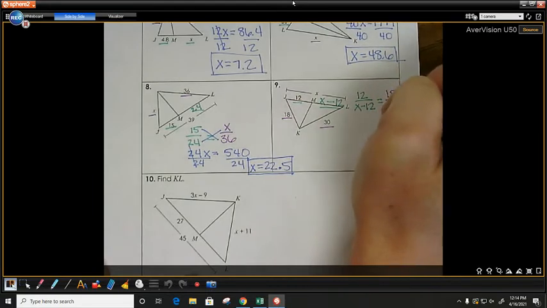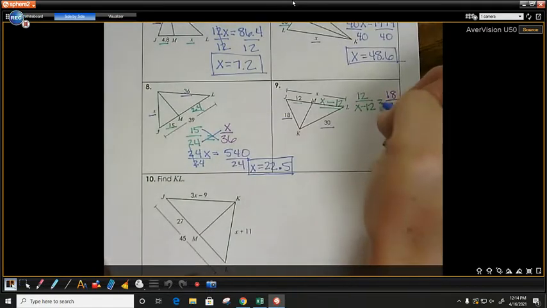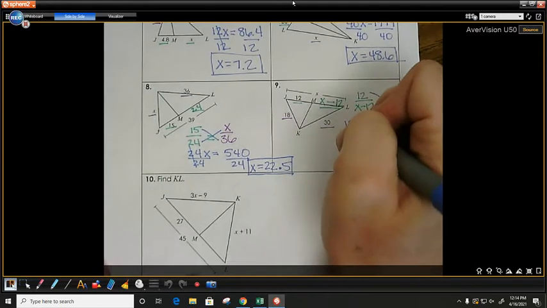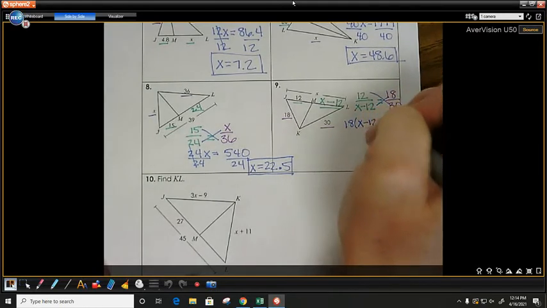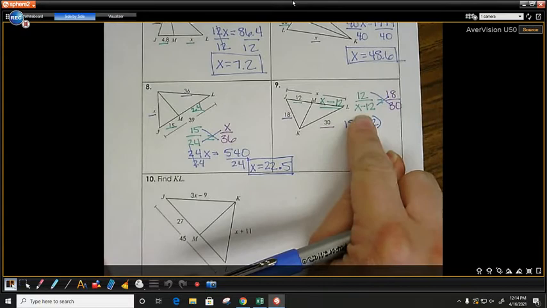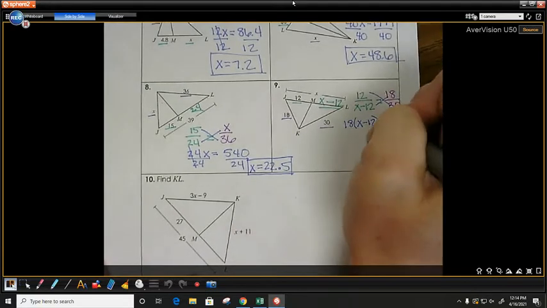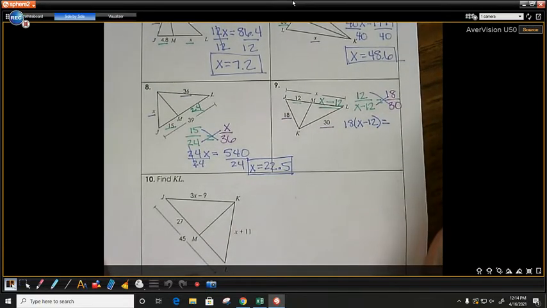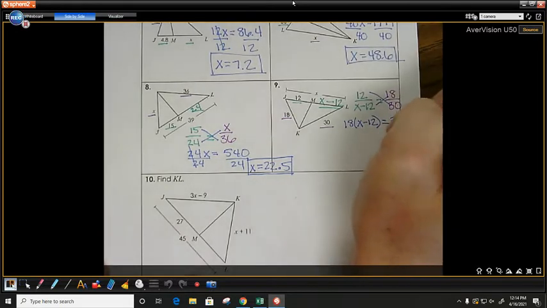So I'm going to cross multiply. So it's 18 times x minus 12. Notice how my denominator was 2 terms, so I'm putting it in parentheses. 12 times 30 is 360. So we're going to write equals 360. We're going to distribute our 18s.